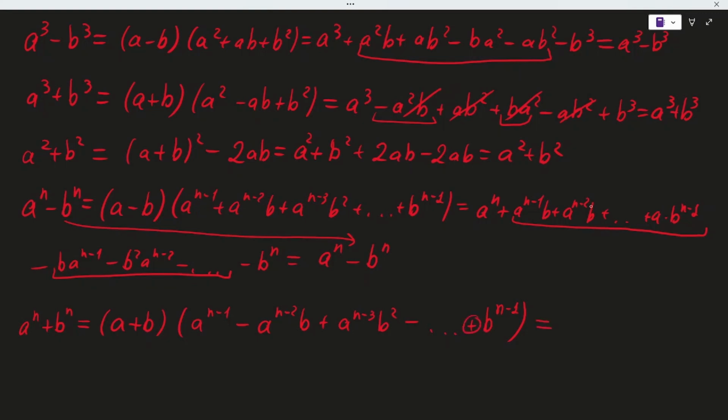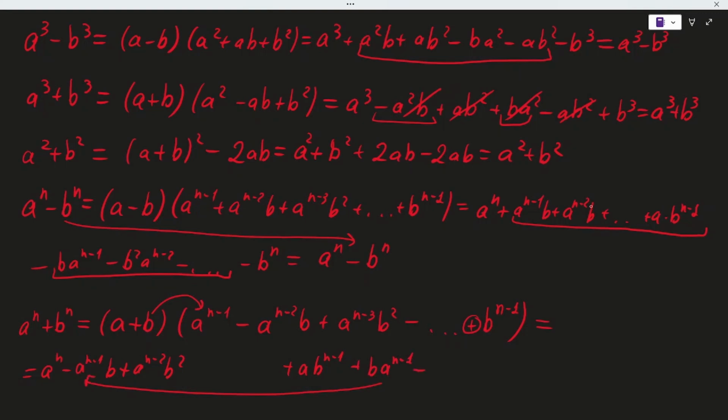And if we expand this one once again, we will get aⁿ − aⁿ⁻¹b + aⁿ⁻²b², and so on. The last term will be plus a times bⁿ⁻¹, and then the terms grouped with b. So this will be plus b times aⁿ⁻¹, which clearly crosses out the second term in the expansion.